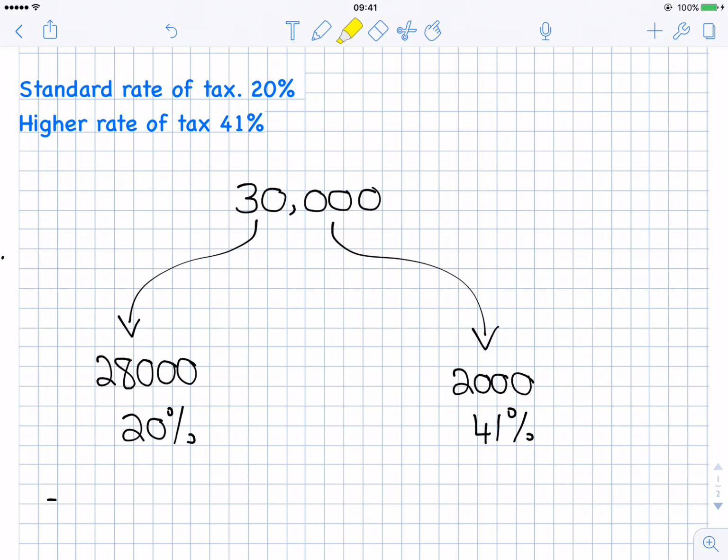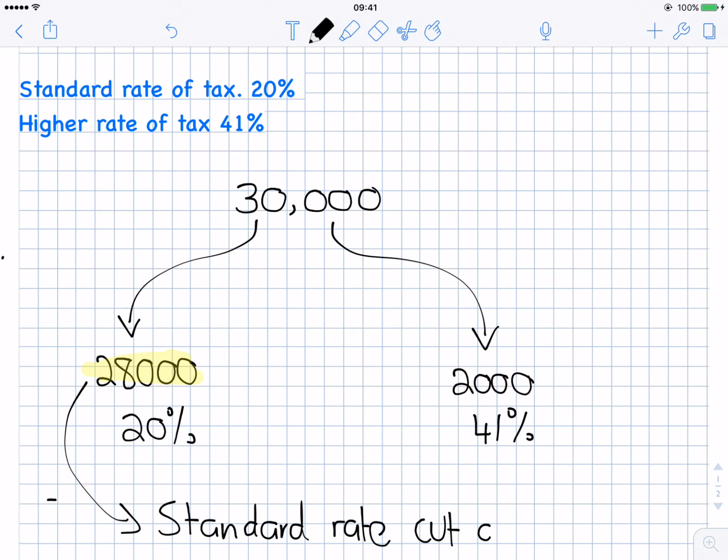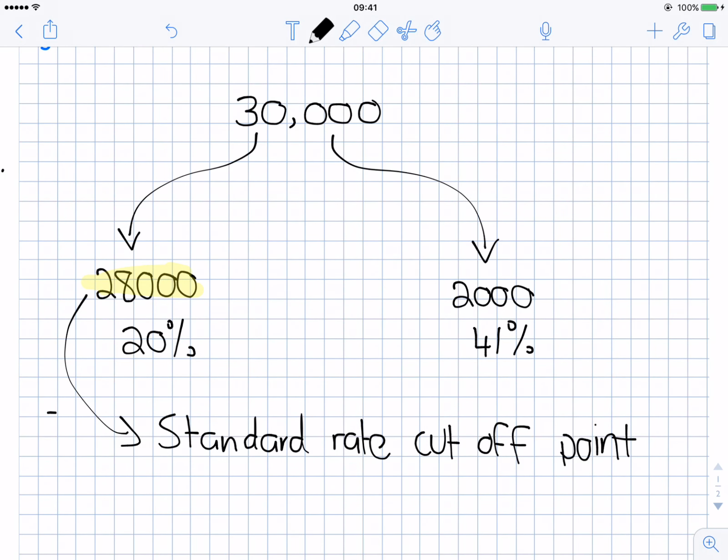So in this case, 28,000 is what's known as the standard rate cut-off point. So you're paying the standard rate of tax up to that amount, and then anything on top of that amount gets the higher rate of tax. And that's why that's 2,000 here, because the 28,000 and the 2,000 combine back together to give you the 30,000.